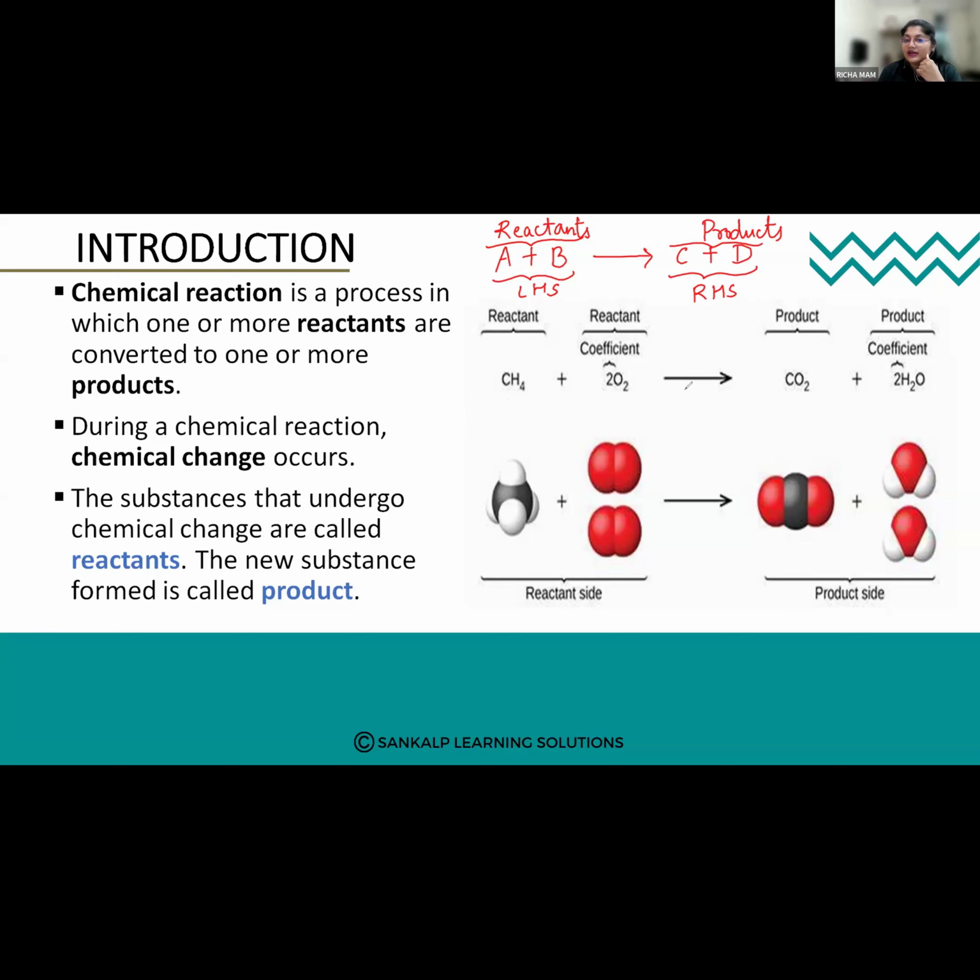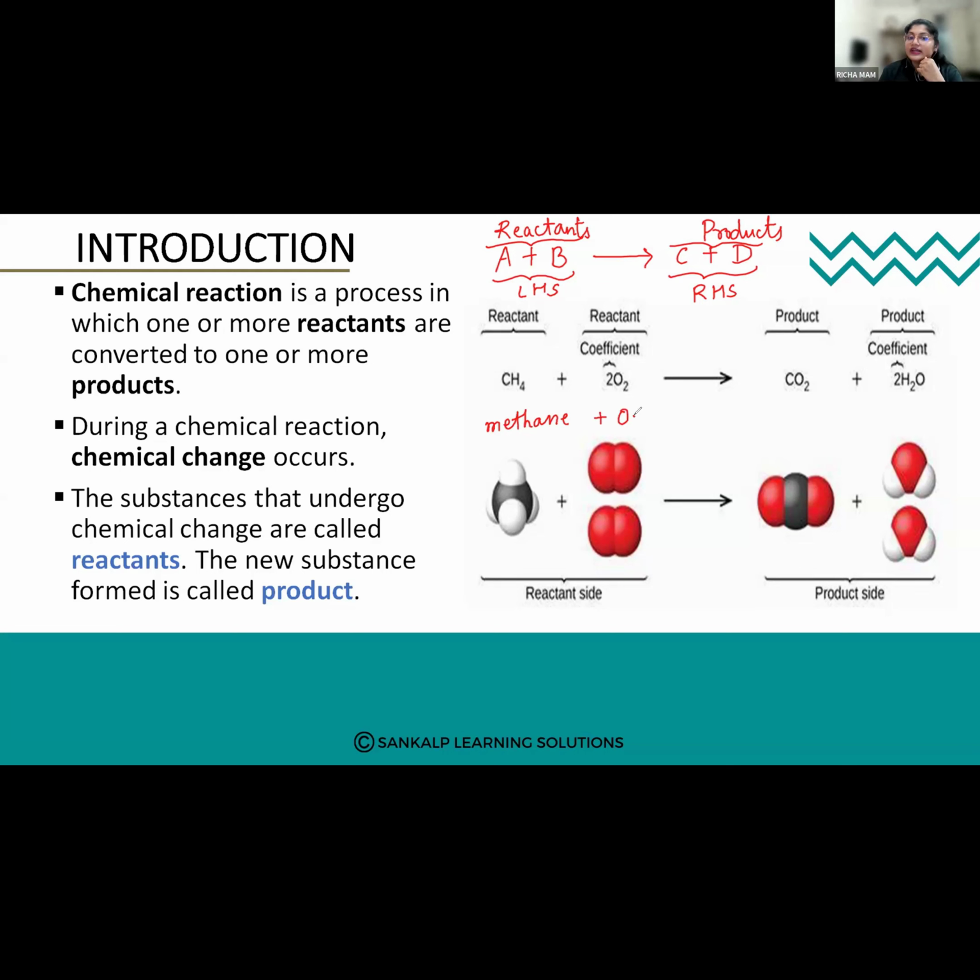As we have discussed, here is an example of how we write a chemical equation. On your left hand side, you have two reactants. The first is CH4, which is methane, and the second is oxygen.